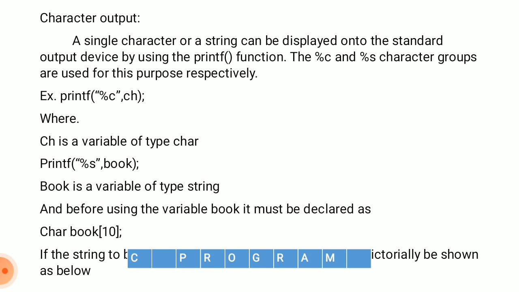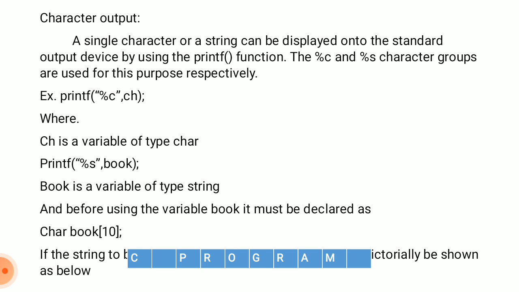To read and print the characters, we should declare the string in the form char book, and in the square brackets mention the size. You can take any size: char book of 10 means a maximum of 10 characters you can print.